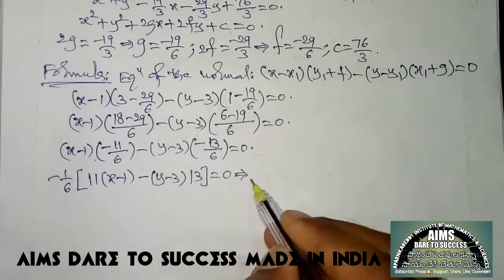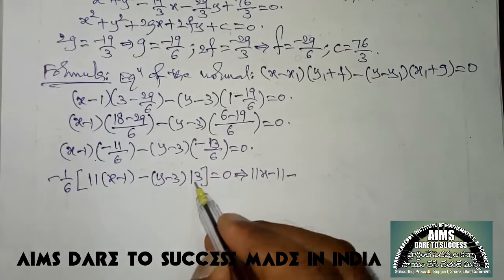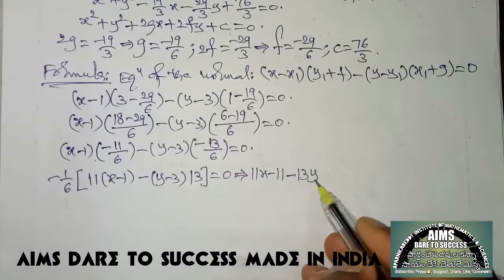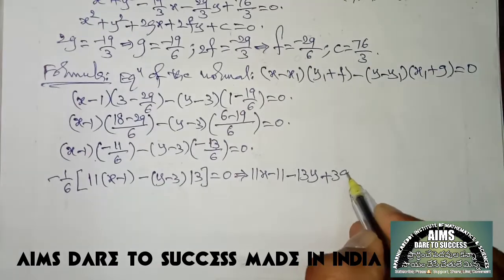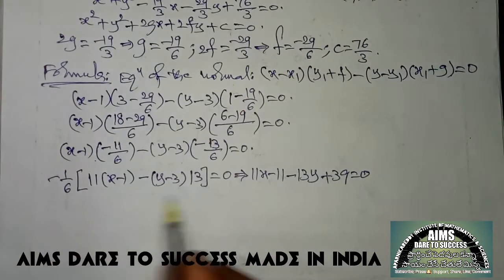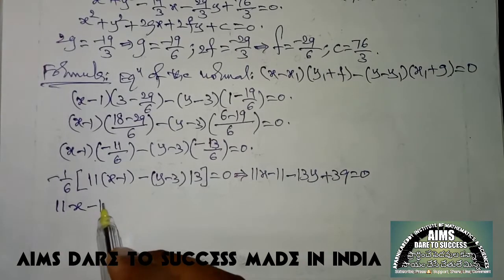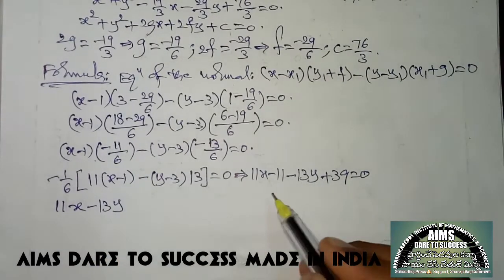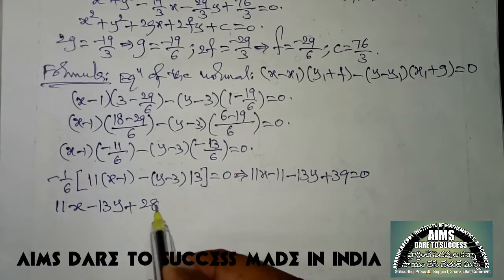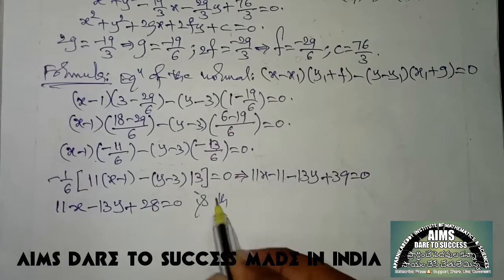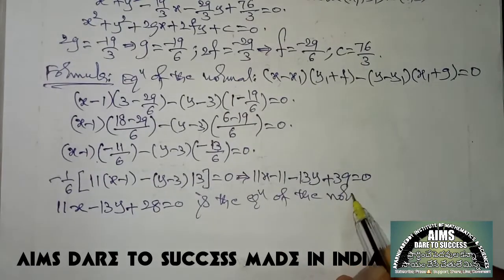We get 11 multiply inside, 11x minus 11 into 1 is 11, minus 13 multiply inside, 13 into y is minus 13y, minus into minus plus 13 3s are 39 is equal to 0. At the last you can write serially 11x, next y term minus 13y, 39 minus 11 is plus 28 is equal to 0 is the equation of the normal.